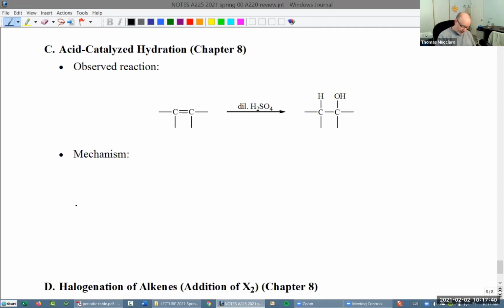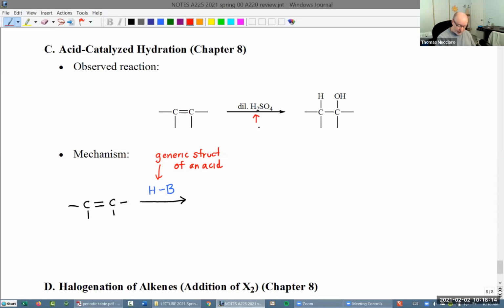Another important one of these is the acid catalyzed hydration reaction. In this reaction, we're not going to worry so much about what acid we're using. What we're using here is dilute H2SO4.